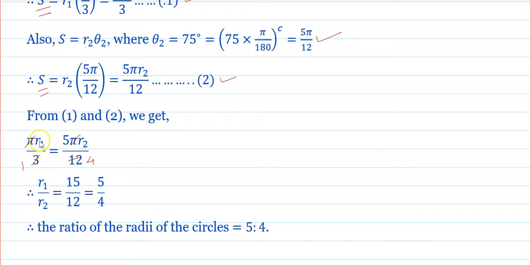And therefore, this r1 upon r2 is equal to 5 upon 4. किंवा नंतर तुम्ही असंही सिम्प्लिफाय करू शकता 15 by 12 and then you will get 5 by 4. And hence the ratio of the radii of the circle is 5:4.